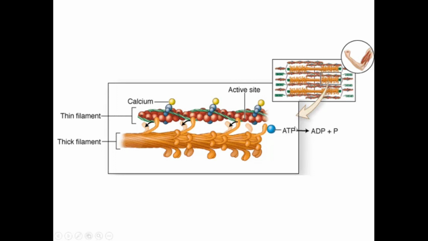After attaching a new ATP to the head of myosin, we have a detachment. So the muscle contraction is created by several repetitions of the attachment, pivot, and detachment cycle.